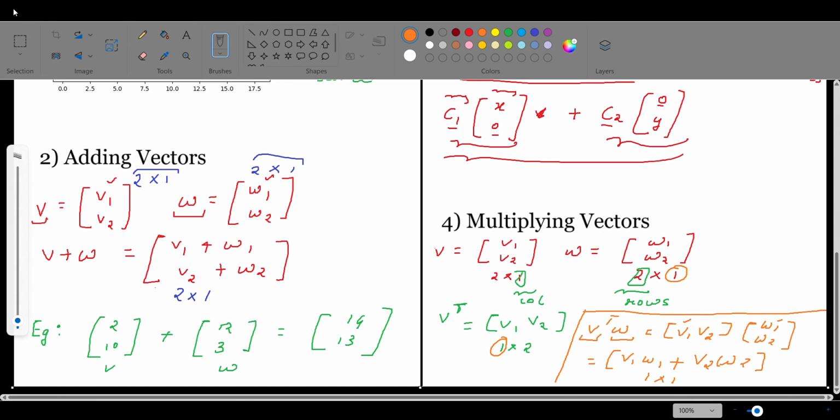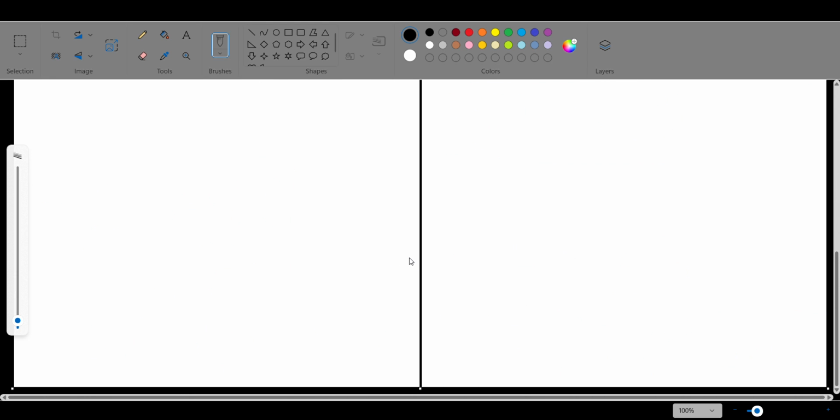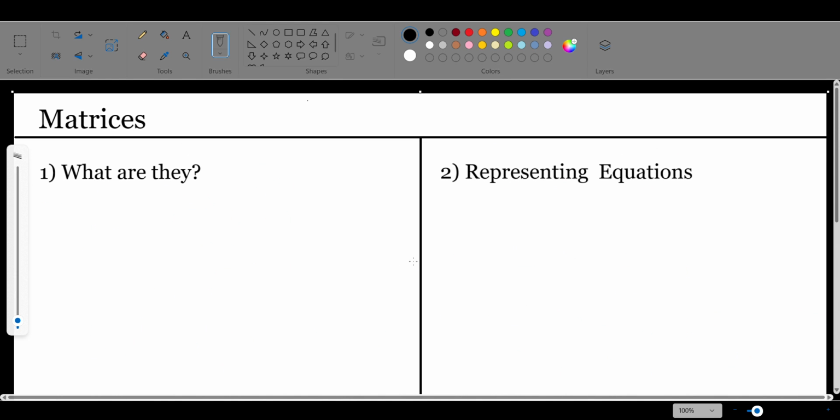Now let's move on to the next thing, which is matrices. So what are matrices? It's very straightforward actually, if you know vectors. Matrices is the plural form and matrix is the singular form. A matrix is just a collection of many vectors, representing many vectors together.